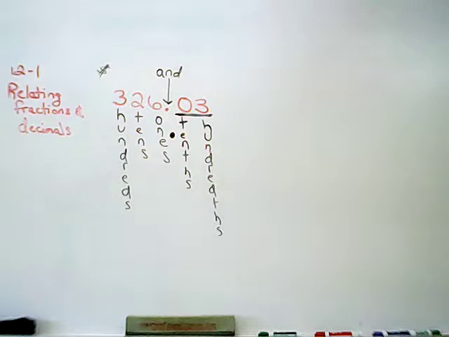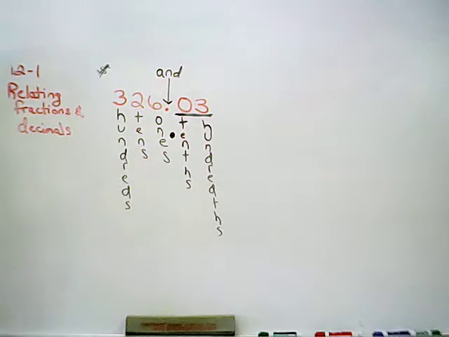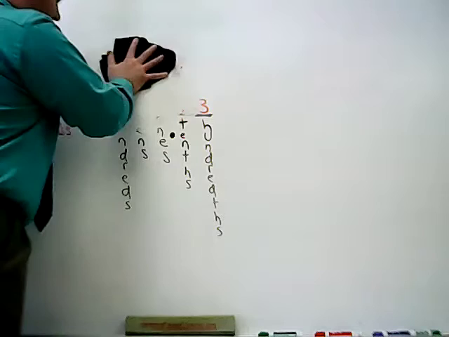Now, Chapter 12, Section 1 also deals with drawing pictures and converting fractions into decimals. Luckily, we're only dealing with the tenths place and the hundredths place for today's demonstration.